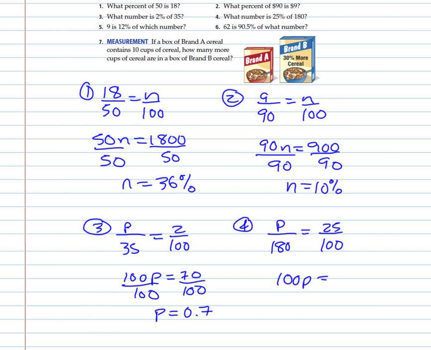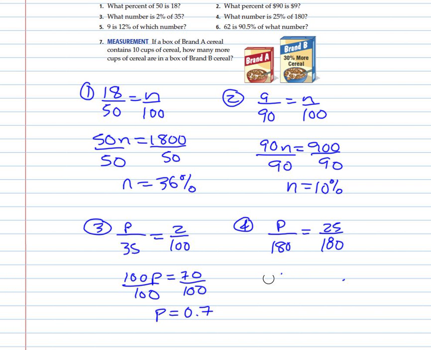Actually, I did this wrong, didn't I? This is 180, so it's 180. Over here is 180p equals 2,500.